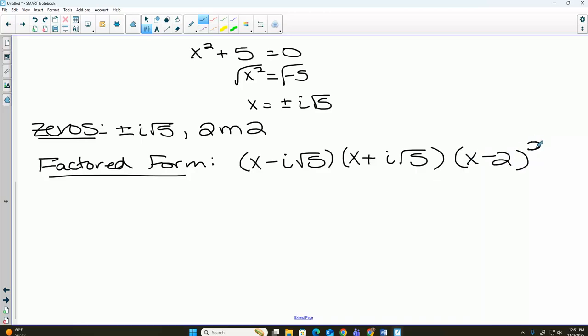Since that had multiplicity of 2, it would be squared. If you wrote it as x squared plus 5 times x minus 2 squared, I would also accept that. That's just because you had the x squared plus 5 here and it factored and had imaginaries. So technically either one is correct. That's why I had both on my answer key. I'll take either.